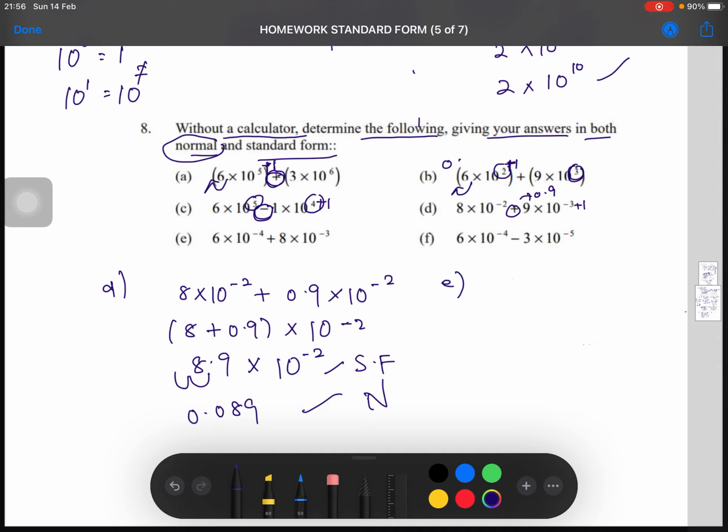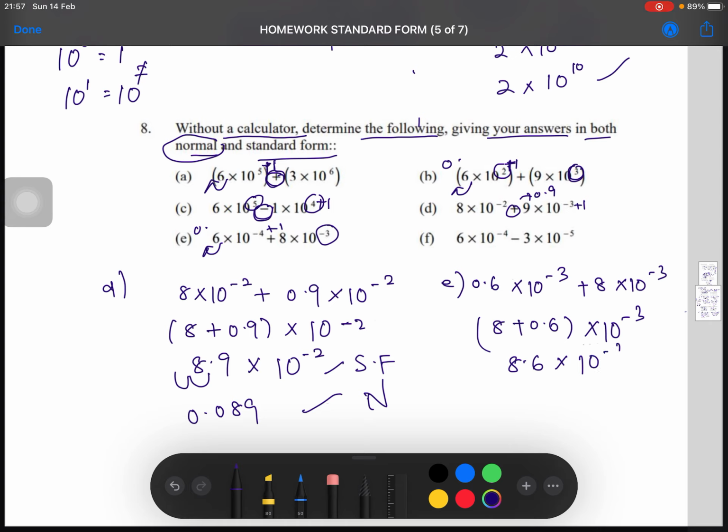Okay, E. 6. I want to choose negative 3. So here we add 1, becomes negative 3. Okay, this one becomes 0.6 times 10 to the power of negative 3 plus 8 times 10 to the power of negative 3. 8 plus 0.6 times 10 to the power of negative 3. 8.6 times 10 to the power of negative 3 in standard form.